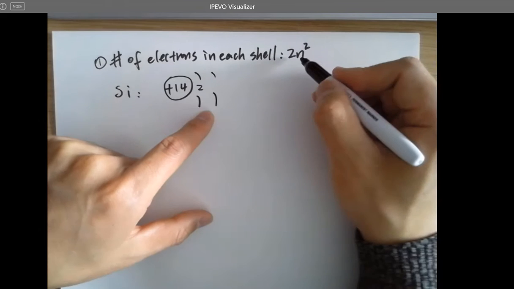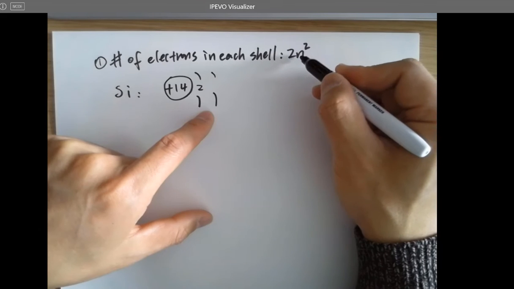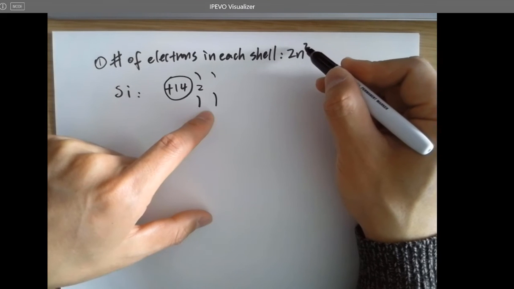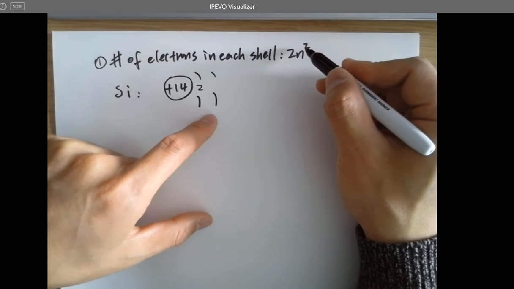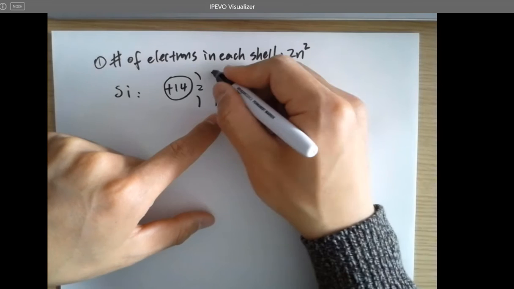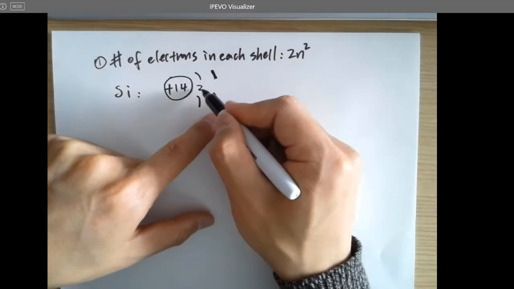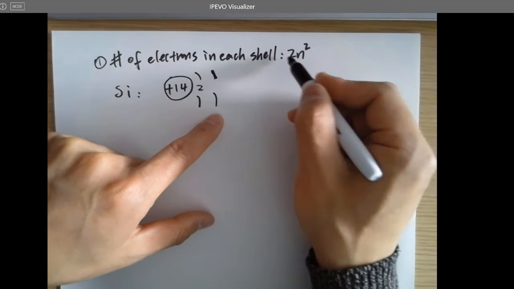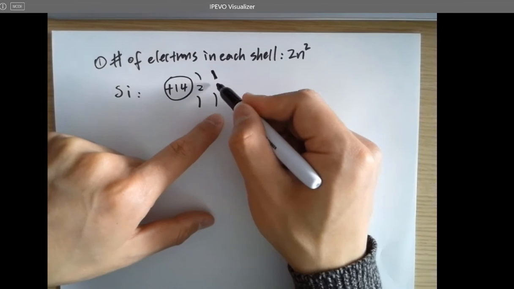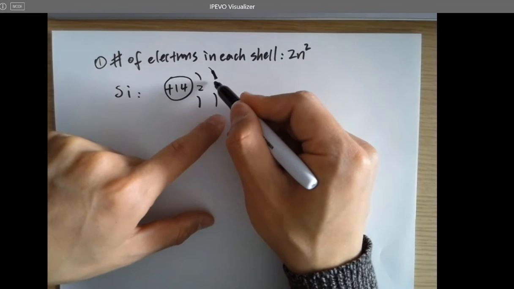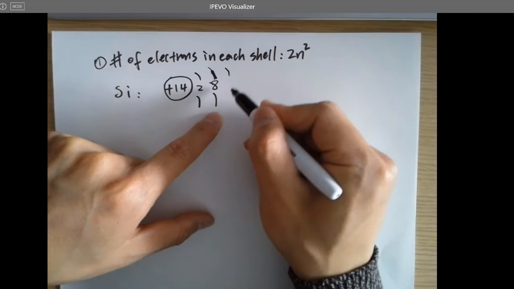And for the second shell, it's 2 times 2 squared. What is that? The first shell, when n is 1, you're getting 2, right? The second shell, when n is 2, how many electrons does it have? 8. What about the third?